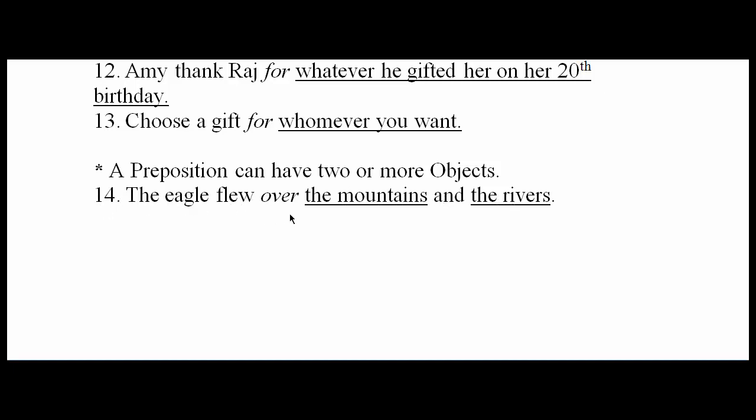Here the preposition over governs two objects, the mountains and the rivers, connected by the conjunction and, which is our next topic. So a preposition can have two or more objects. This is the example.